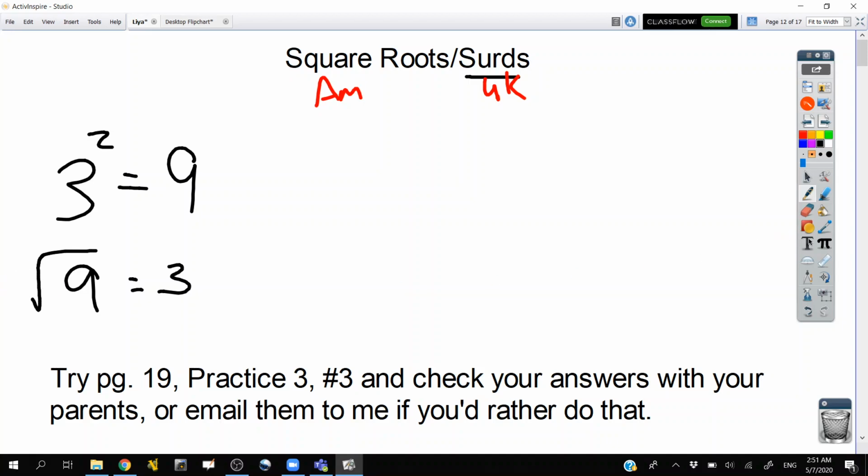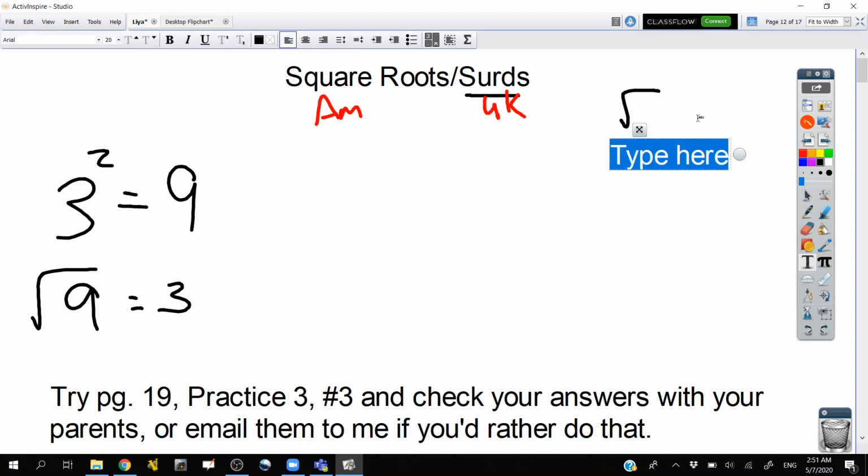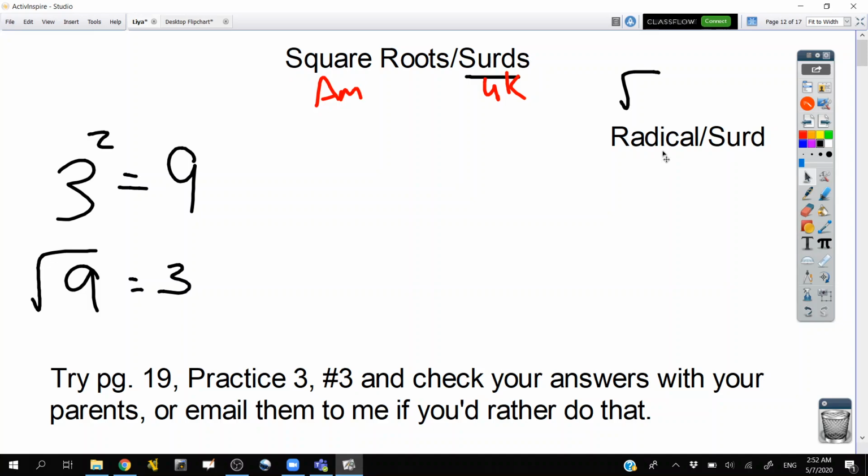This bracket has a name, so I guess I'll put it over here. Bracket is called the radical. Radical, or surd. So again, this is like an American versus British thing, but yeah, radicals.